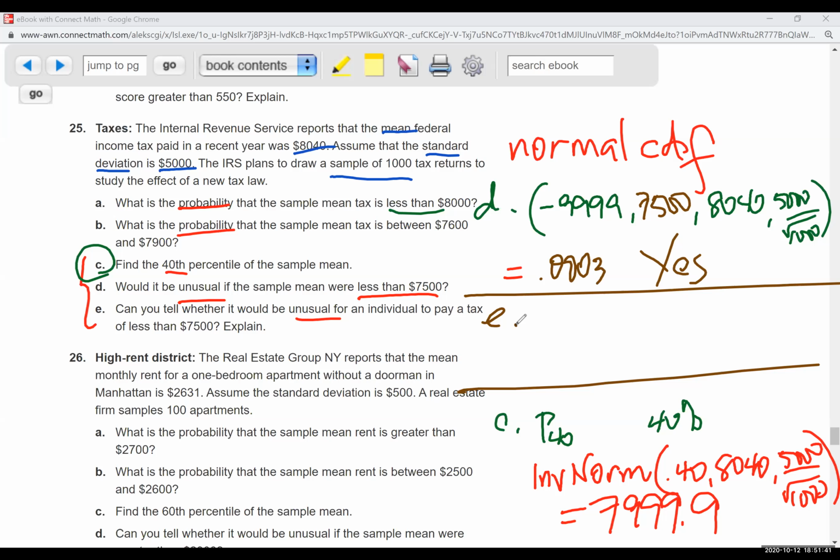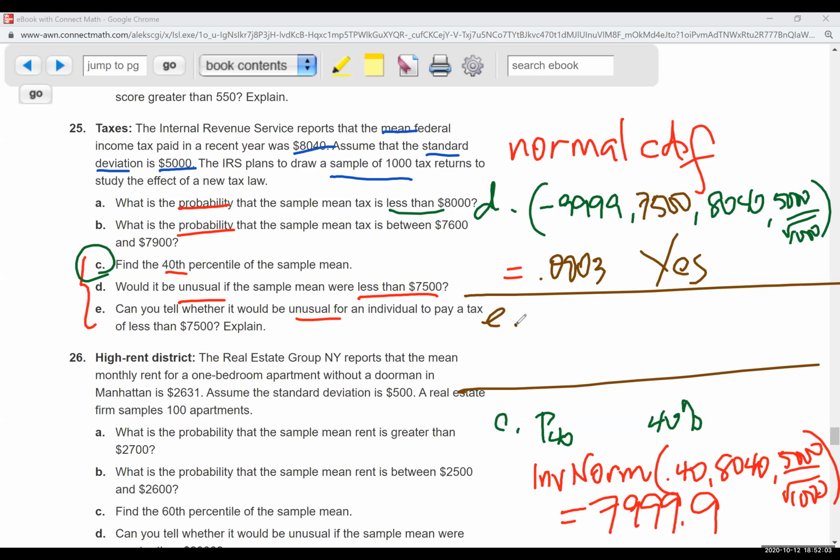What's the difference between D and E? Population versus individual.